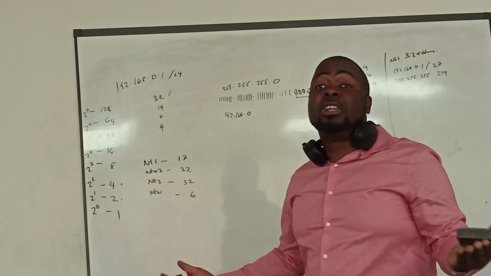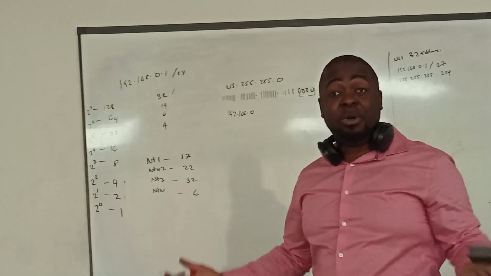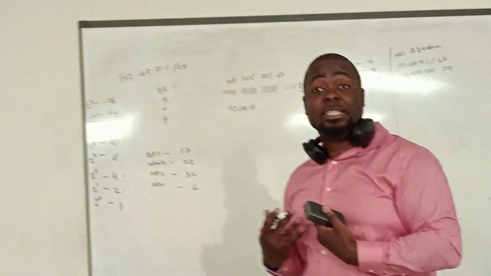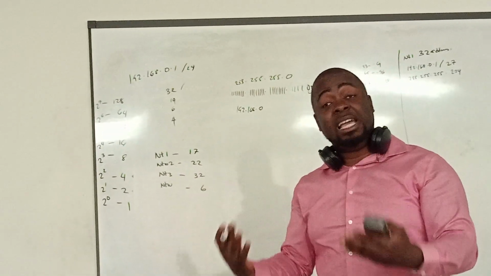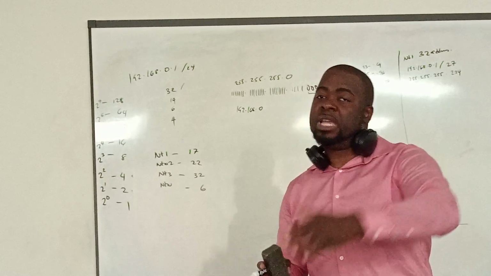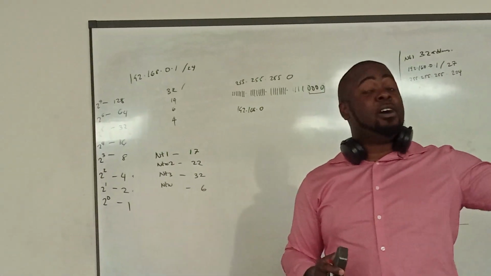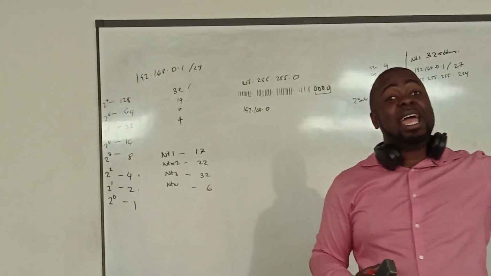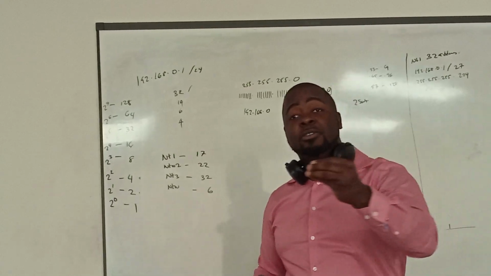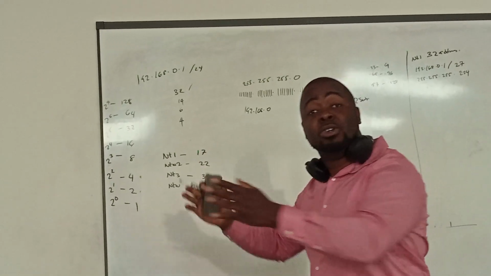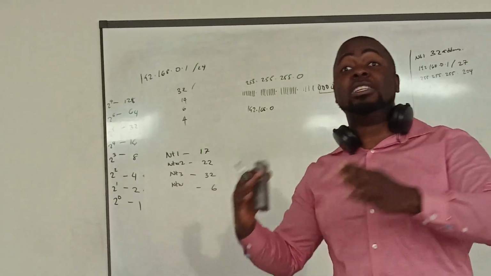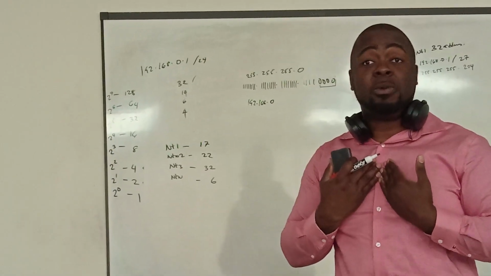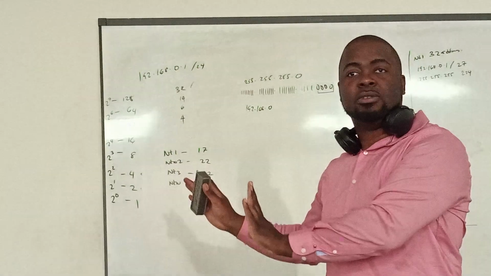In VLSM, I don't know the number of subnets that I'm going to create, but I know the number of hosts that I need. So I start counting from the hosts. Whatever is left after I've counted my hosts, I give to the network. For subnetting, I know the number of networks I want to create, so I go straight to the host bits and borrow the number that matches. Whatever is left is for the host.